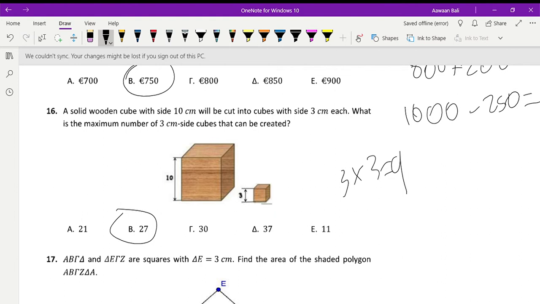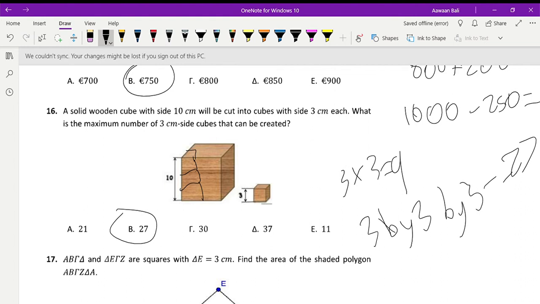So like this. And then since cubes have the same dimensions for everything, it's 3 by 3 by 3, which is 27.